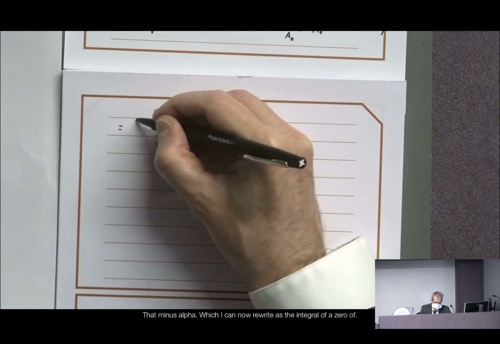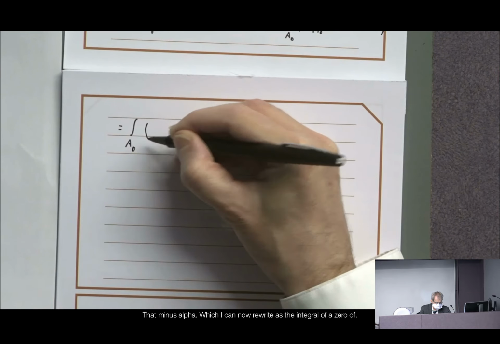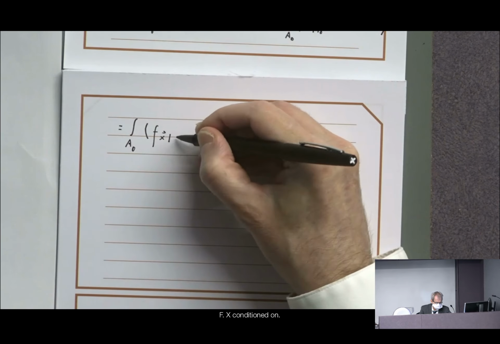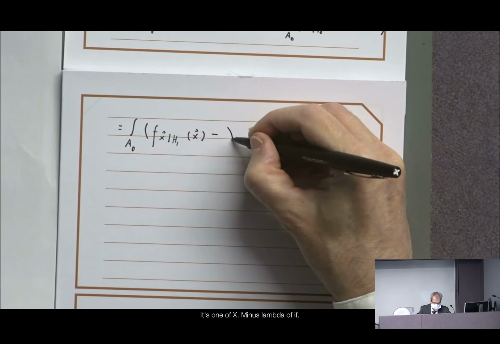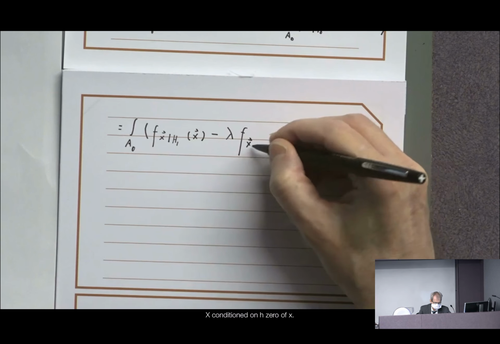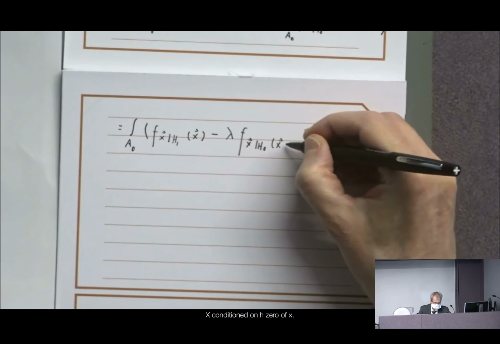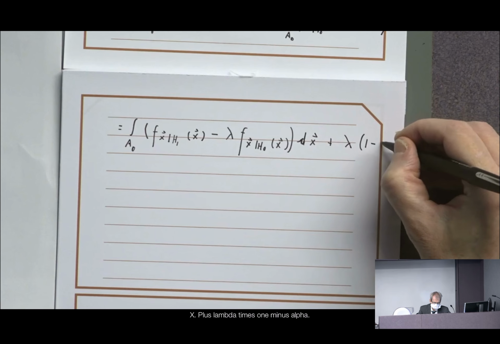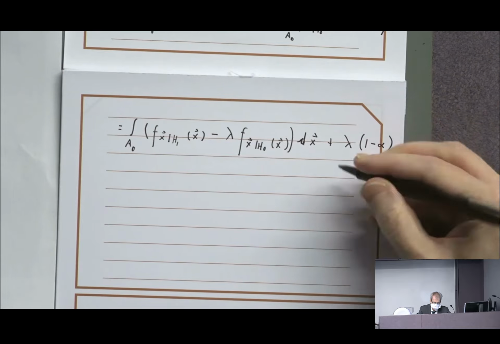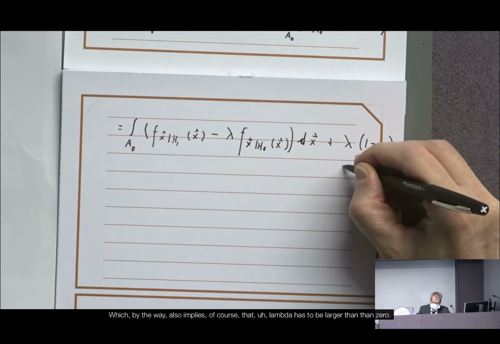Which I can now rewrite as the integral over A0 of f of x conditioned on h1 of x minus lambda times f of x conditioned on h0 of x dx plus lambda times 1 minus alpha. Which, by the way, also implies, of course, that lambda has to be larger than 0.